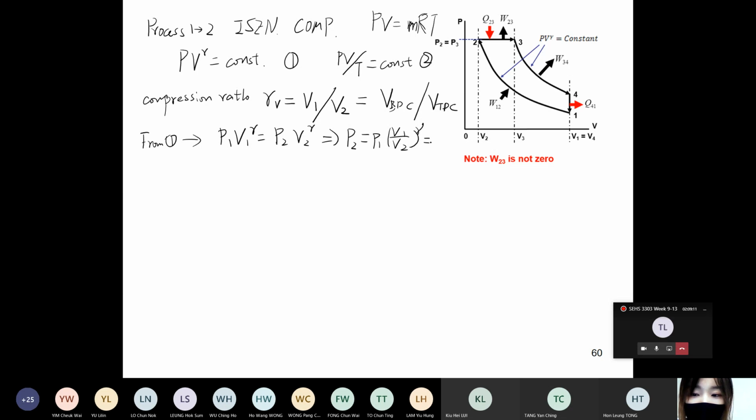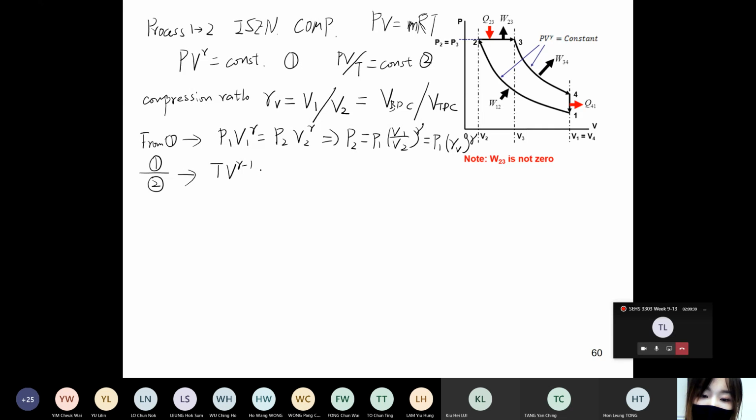That is P1 rV^gamma. That is the pressure to volume ratio relation. If we use equation 1 divided by equation 2, what do we have?